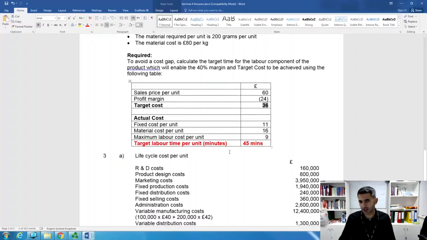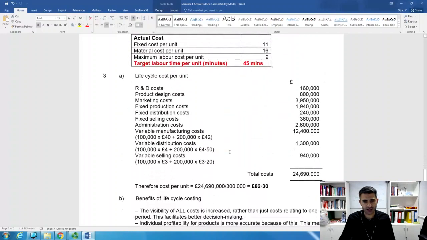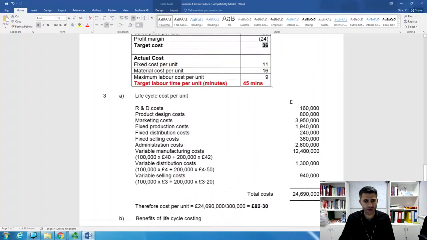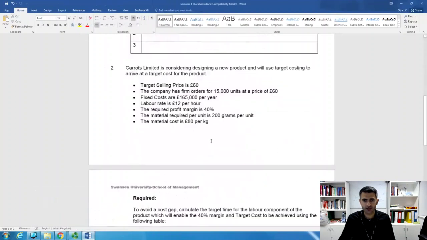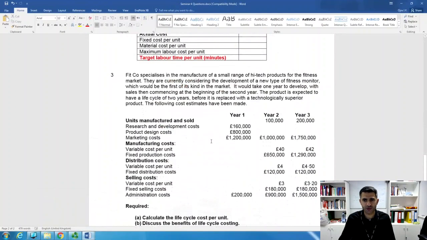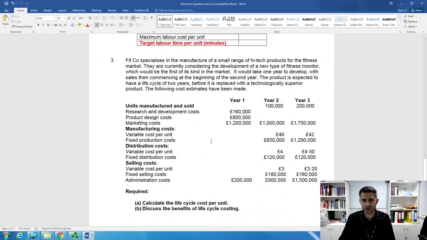Right, okie dokie. Right, last question, number 3, about life cycle costing. With life cycle costing, it's really straightforward, very simple.